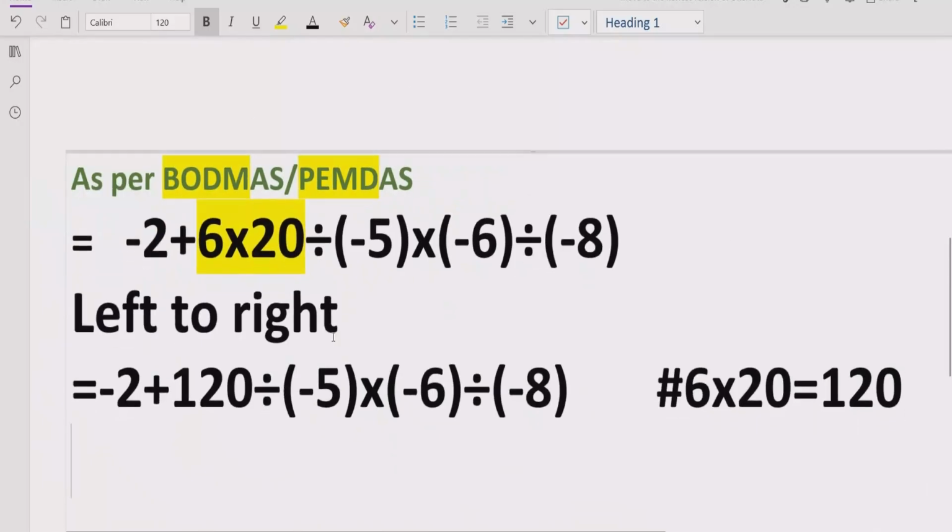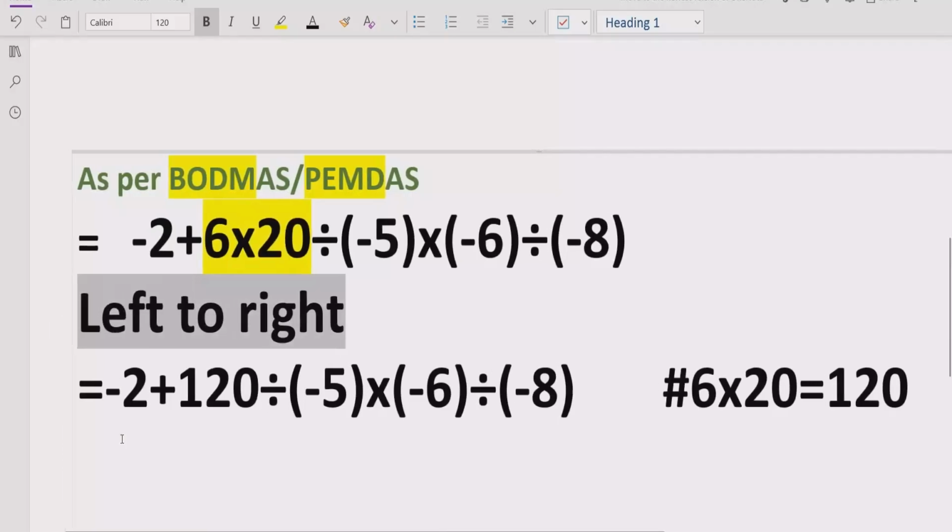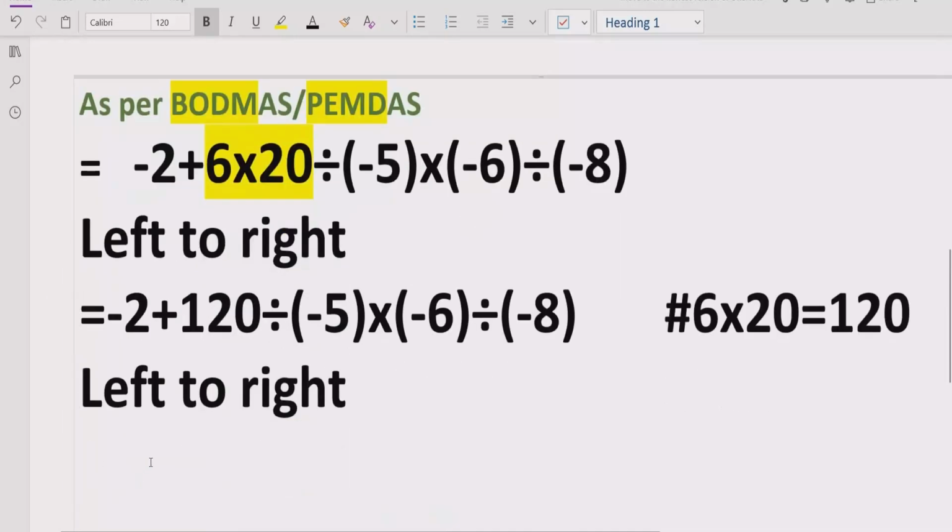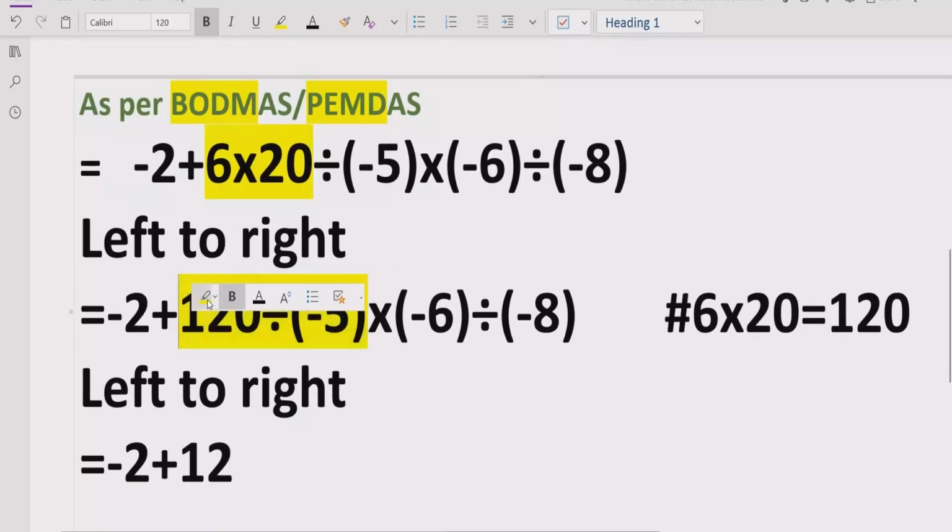Now, moving forward according to the BODMAS and PEMDAS rule, first of all, you have to solve all division and multiplication. So again we go left to right and find out which is coming first. Now we have minus 2 plus 120 divided by minus 5. We will solve this part.